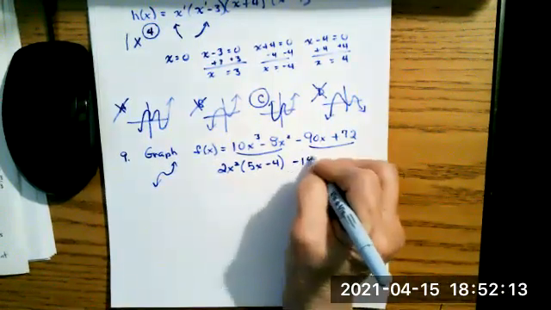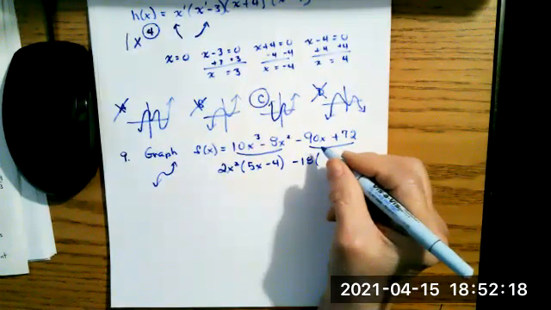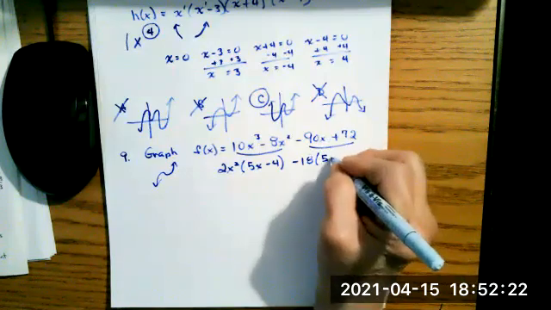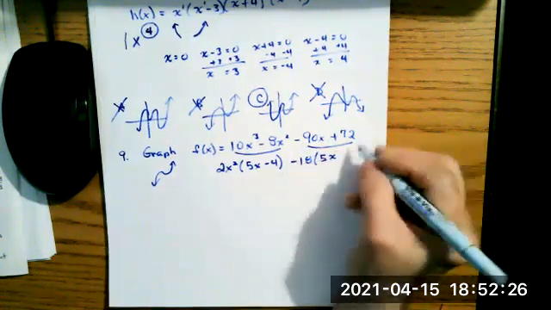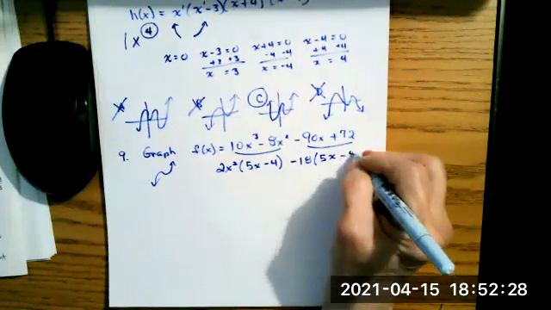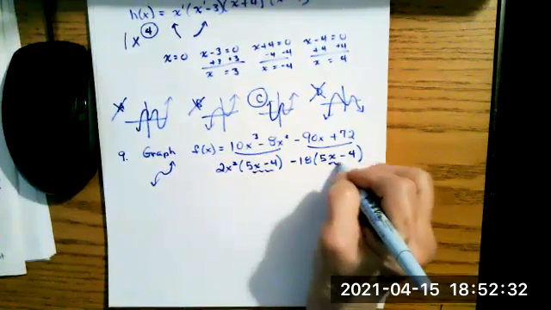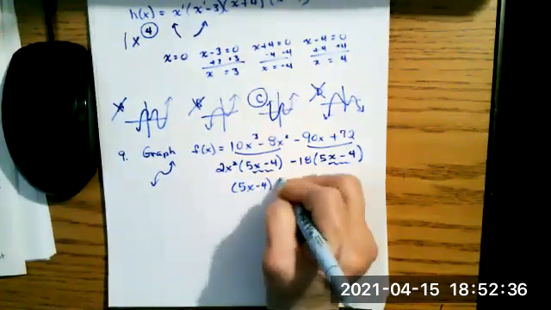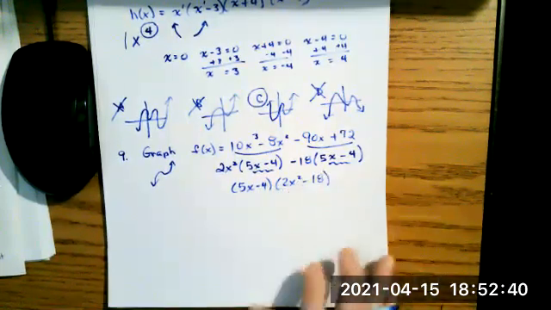And if you take out an 18, 5 times 18 is 90, so you get 5x minus 4 again. I took out a negative because the third term was negative. That's that little magic thing we do. So we have a 5x minus 4 and a 2x squared minus 18.